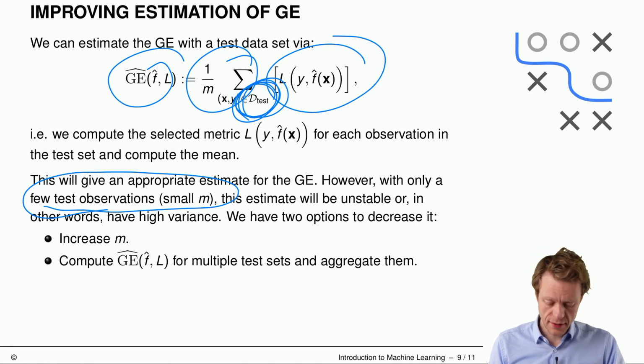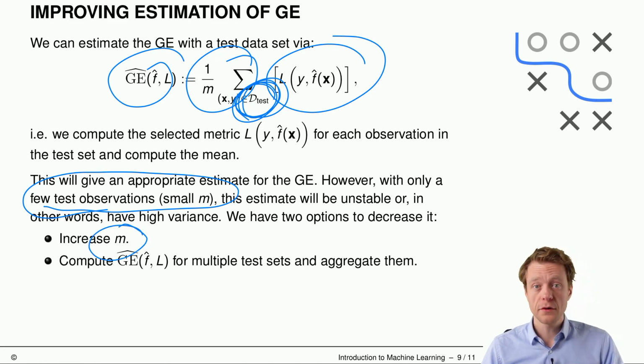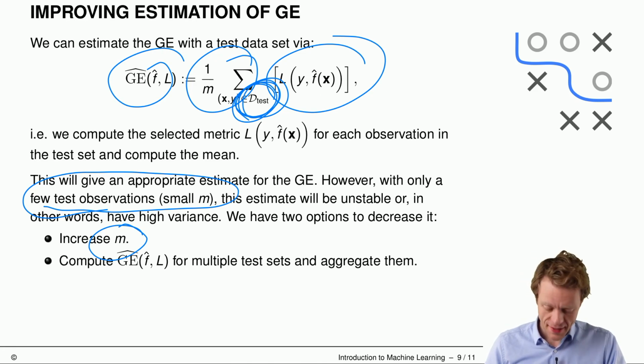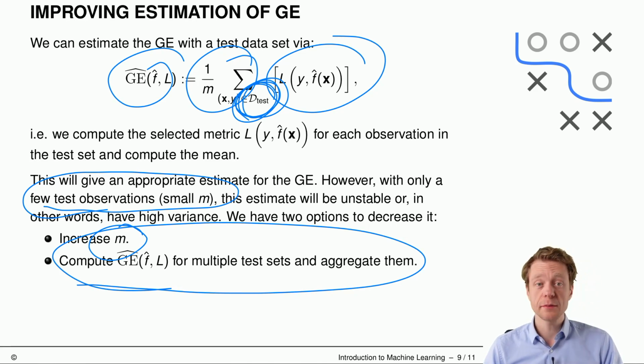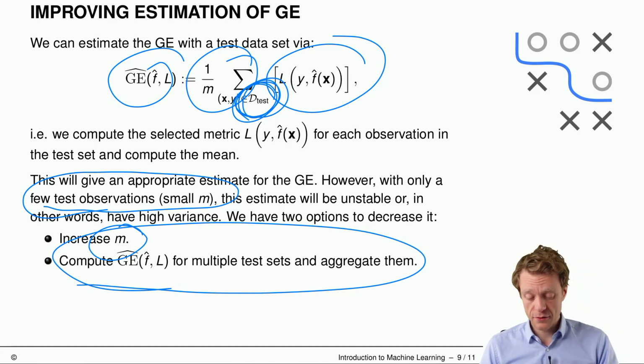So we would like to have a higher number of test observations m, but this decreases the amount of data that we have left for training the model. A different option is to compute the estimate for multiple test sets and then to aggregate them.